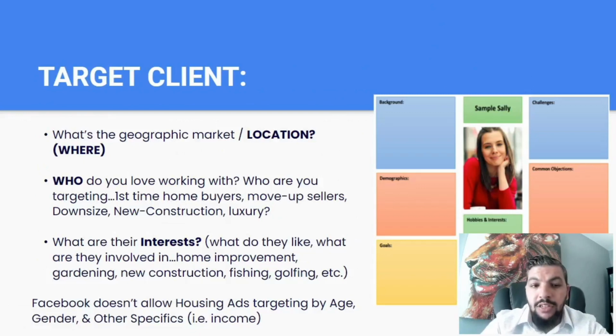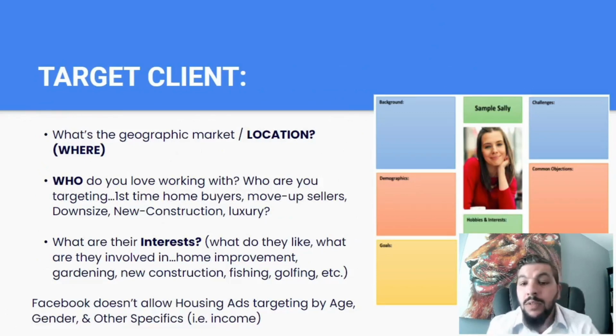When it comes to Facebook ads and housing, there are really only a few things you want to concentrate on. The first is the where, which is the location that you're marketing in. What is the geographical location? What city, what market, what town? And the more specific you are, usually the greater the conversion.